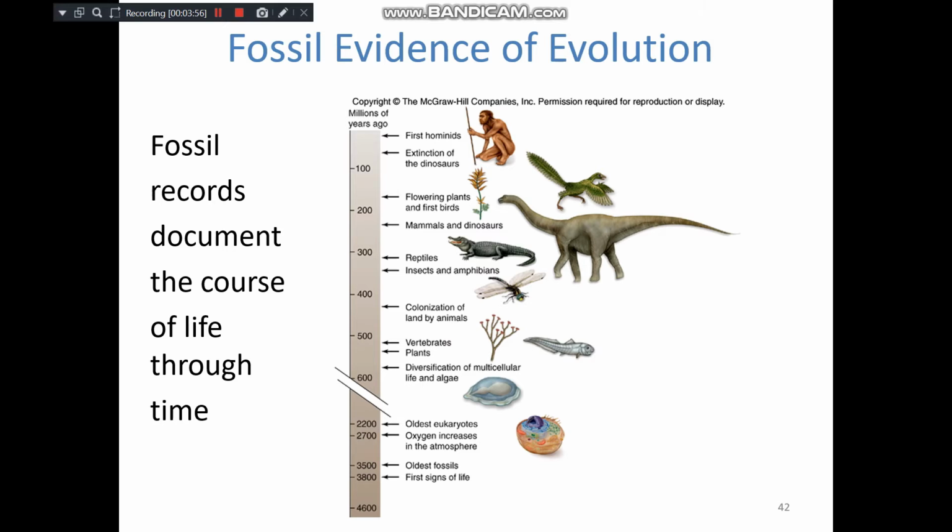Then we got some animals at 2,700 and oxygen increase was happening, and the oldest eukaryotes we got something 2,200 million years back. Then for a considerable period of time, 2,200 million years to 600 million years, we don't get any fossil records. Then from 600 million years to present day, we have a lot of fossil records.